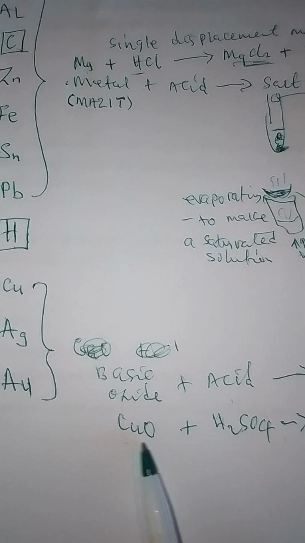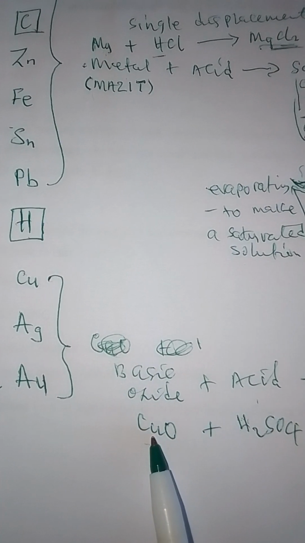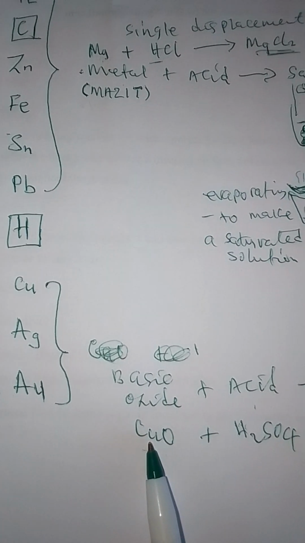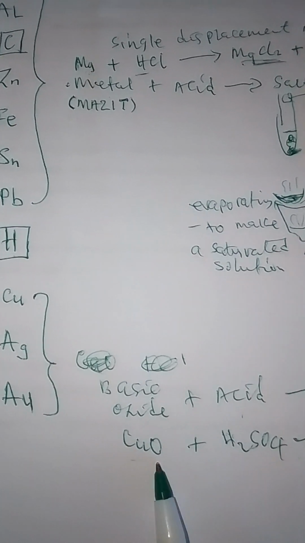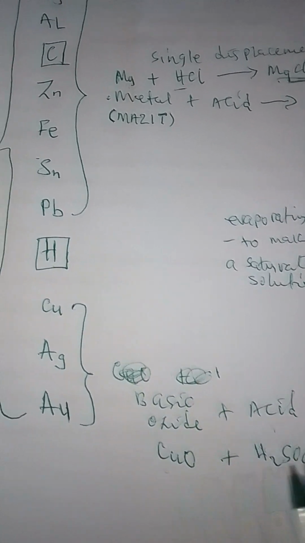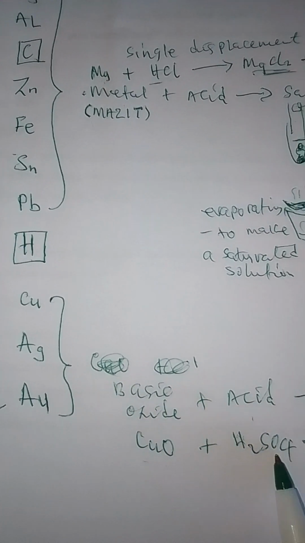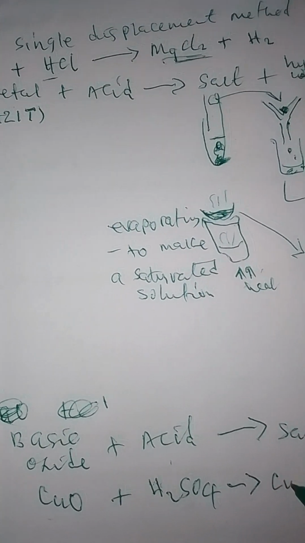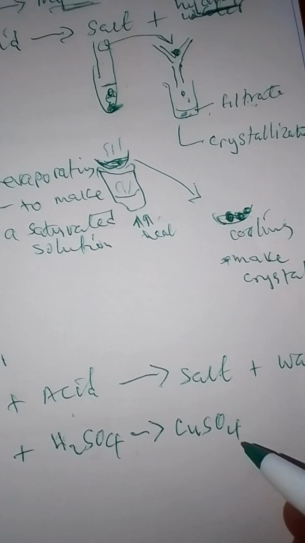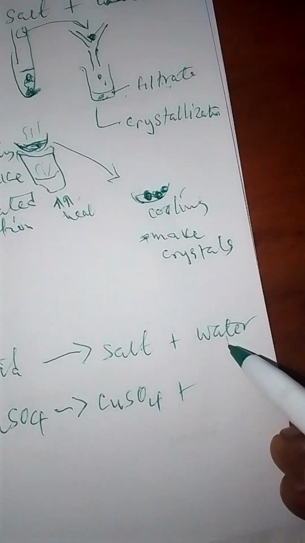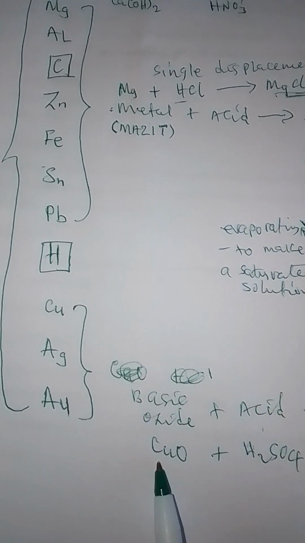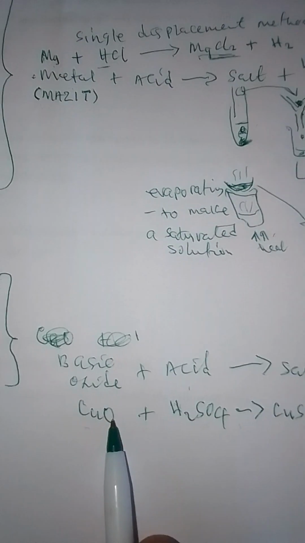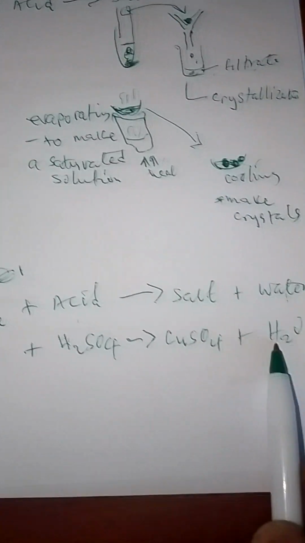So hydrogen ions will displace what? Copper from copper oxide. And then when copper is displaced, it will react with the sulfate, forming copper(II) sulfate plus water. Because the hydrogen, when it displaces copper, it will react with oxygen to form the water.